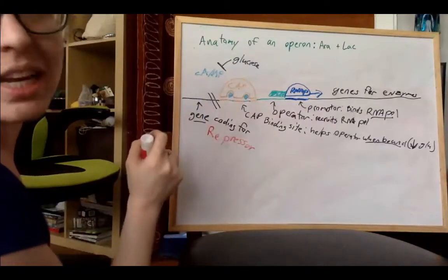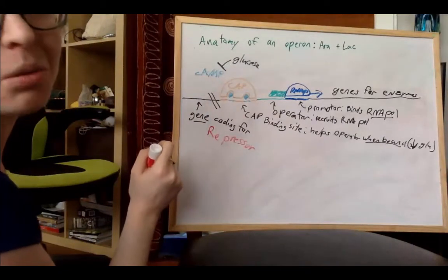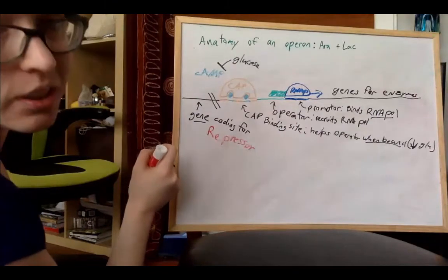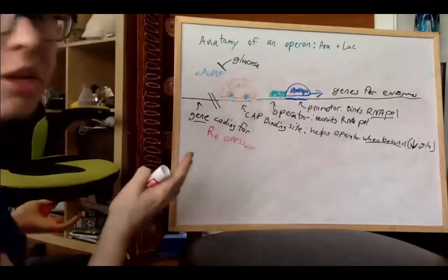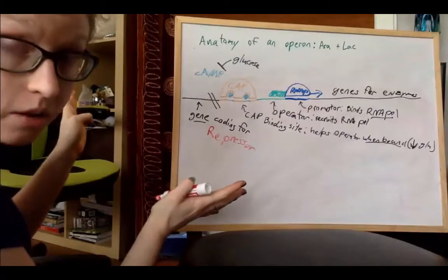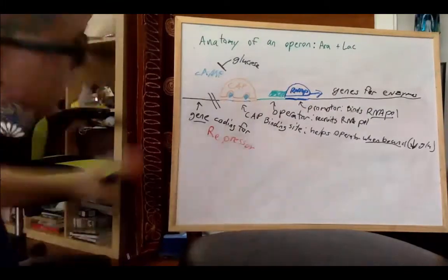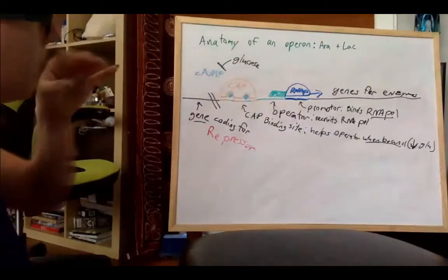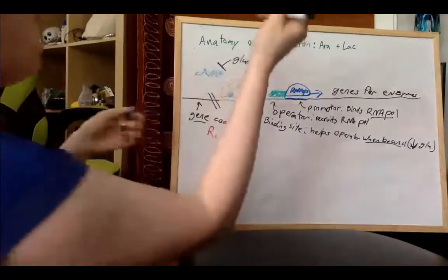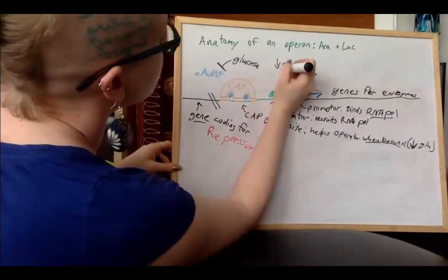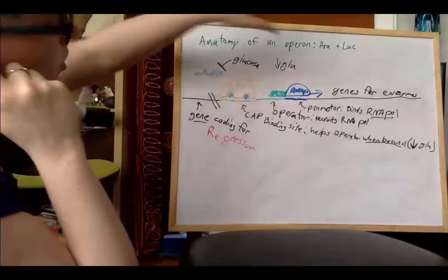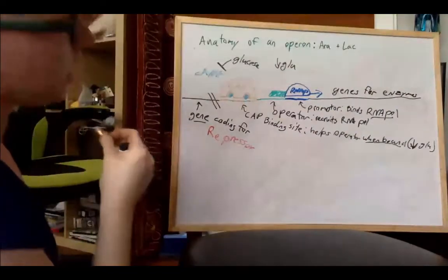And those dashes mean that it could be anywhere. It could be on a completely different operon. It could be on a completely different chromosome, though functionally we are all in bacteria when talking about these operons. So this is what it looks like when there is low glucose for both arabinose and lac.